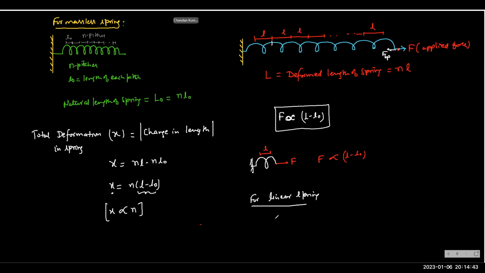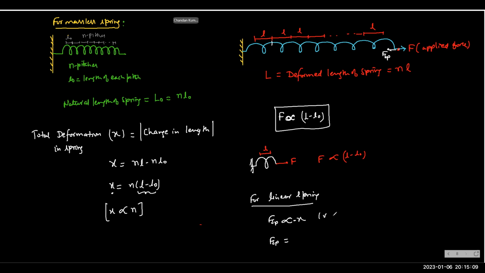So for a linear spring, the spring force is proportional to deformation, and it is not just proportional to deformation, it is always opposite of deformation. So if you try to pull it right, it will act left. If you try to push it left, it will act right. So we have to put a minus sign.